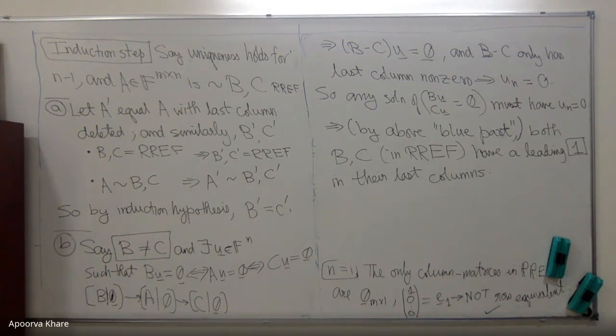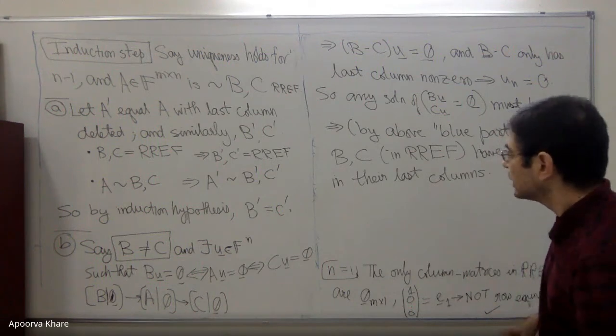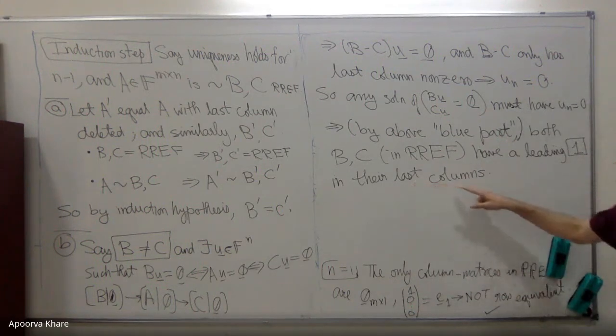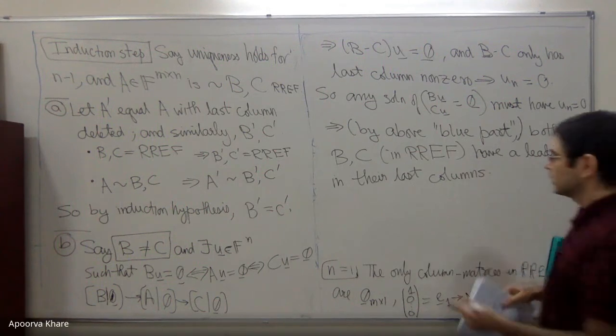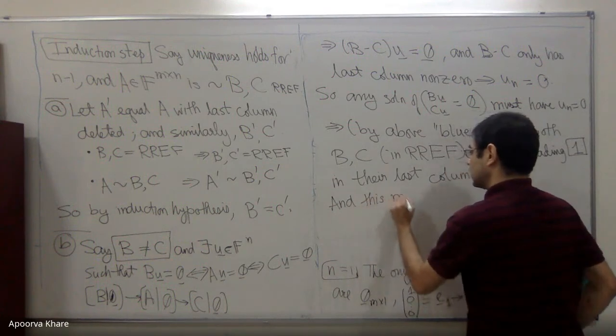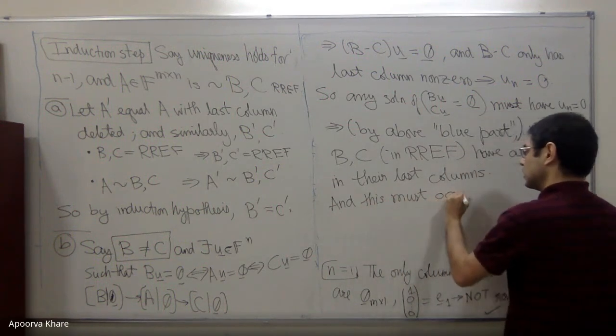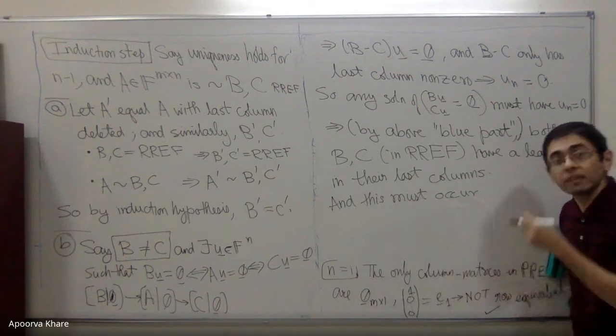But where must this 1 occur? It must occur in the row just below the leading 1 in B prime and C prime, right? So we know the column number, it is the last column. What is the row number of this entry? Even that is fixed.